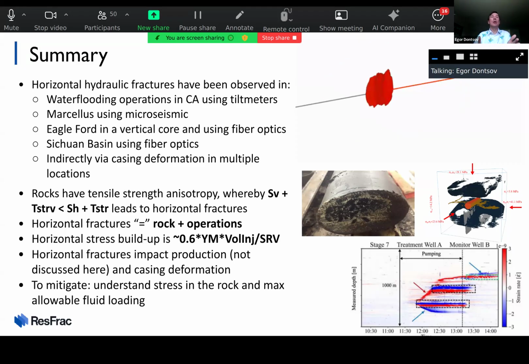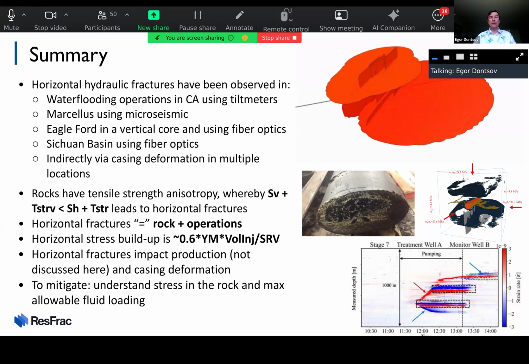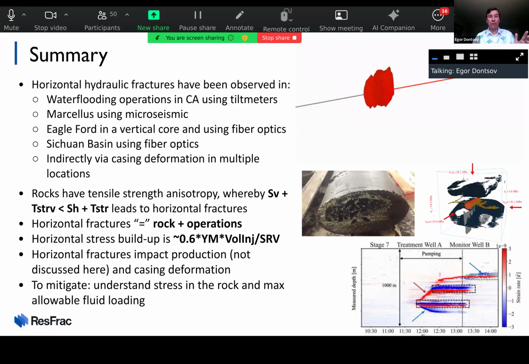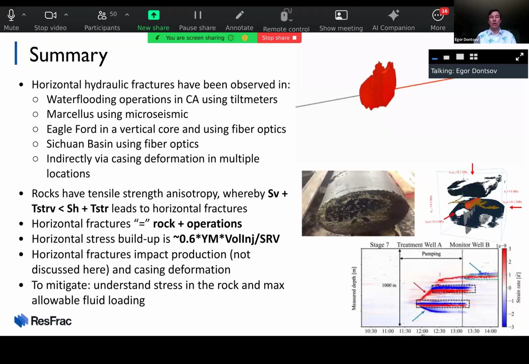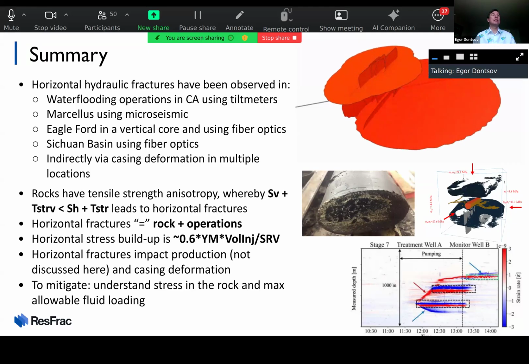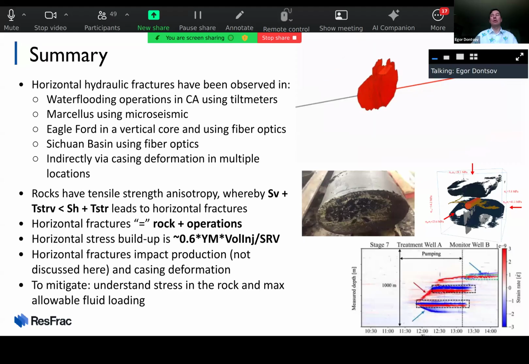So you could change cluster spacing, or you can change well spacing, because all these parameters affect volume per volume, or you can reduce injection rate, or you can reduce injection volume. But if you go from 6 clusters of design to 10 clusters of design with the same fluid loading, it's not going to affect the result much.